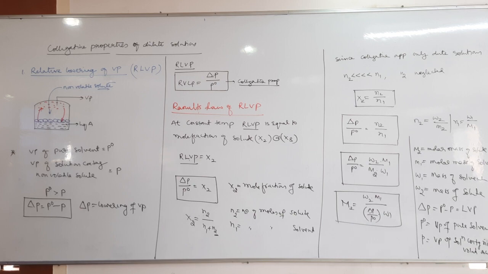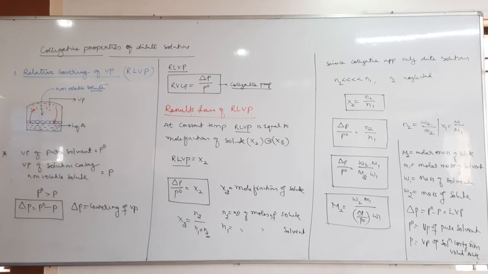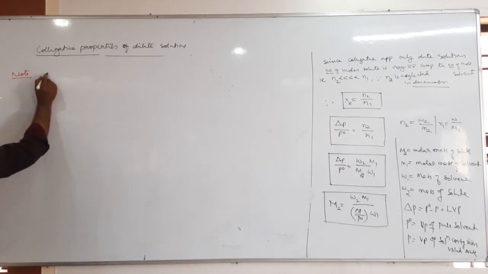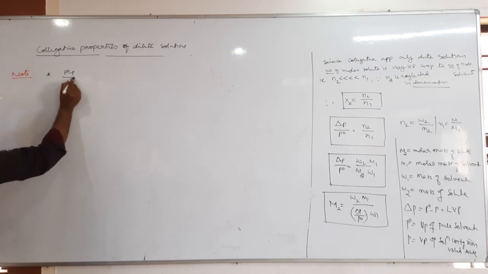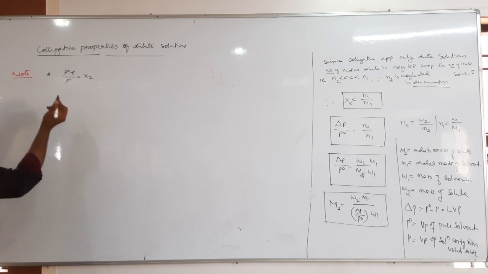Take note. Now here, first point: RLVP, P naught minus P by P naught, is equal to the mole fraction of solute.